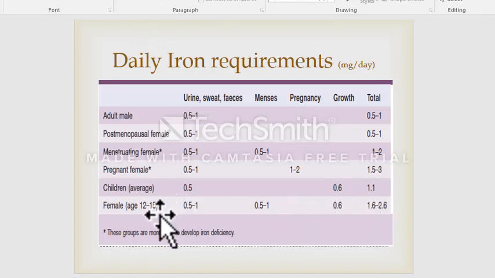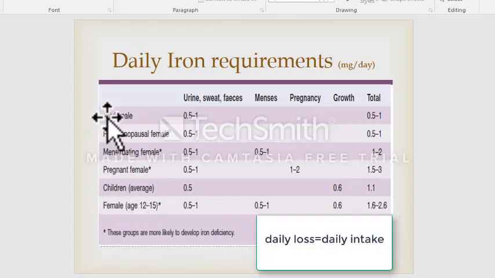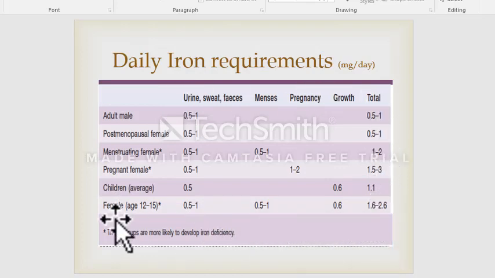Now, when will iron deficiency anemia develop? So iron deficiency anemia will develop in these individuals if the daily loss of iron is increased than the intake.